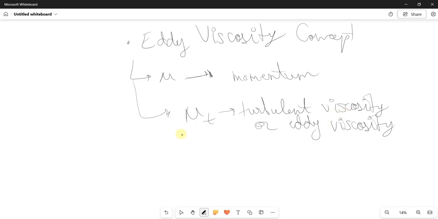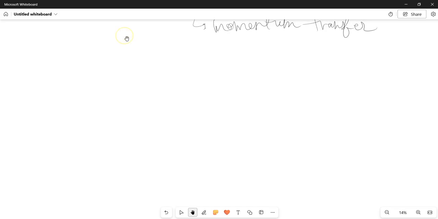So what Eddy did is he assumed that this is what causes this turbulent momentum transfer. So he imagined that this momentum transfer is due to this turbulent viscosity. And so if you want to resolve any turbulent flow, if you find this turbulent viscosity, you can resolve the rest of the stresses and get an idea of the turbulent flow.